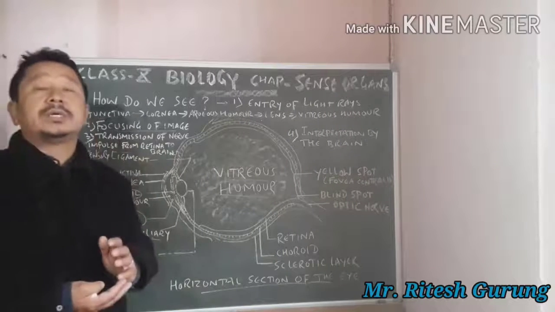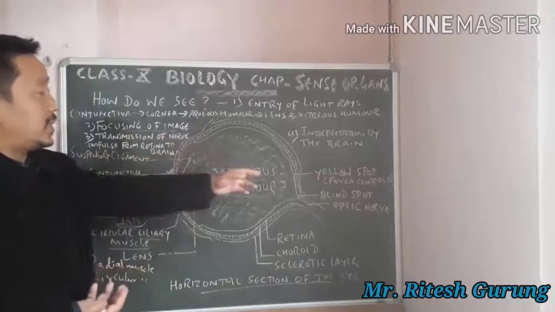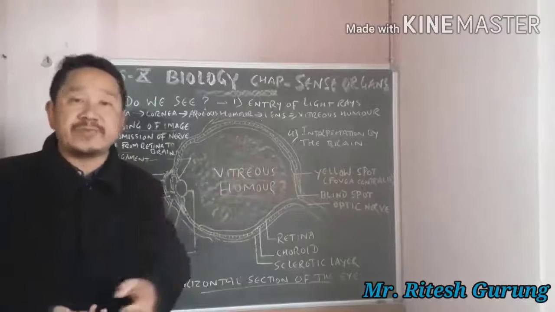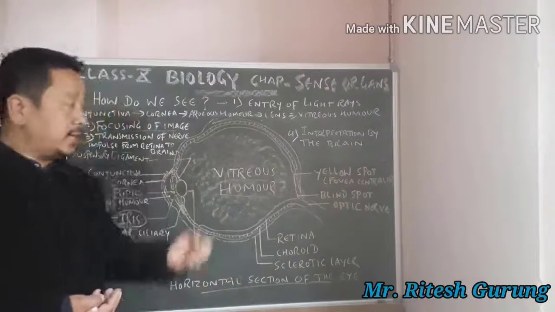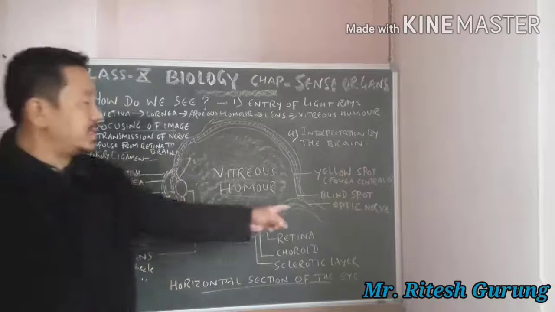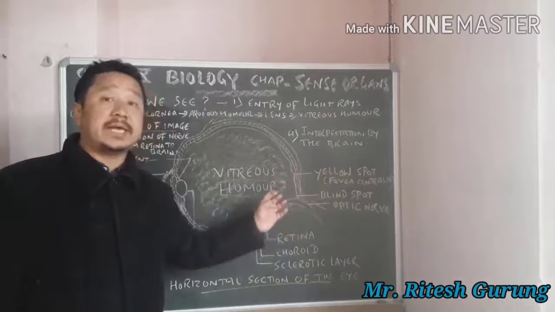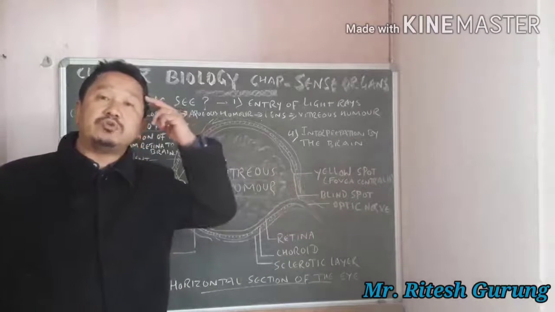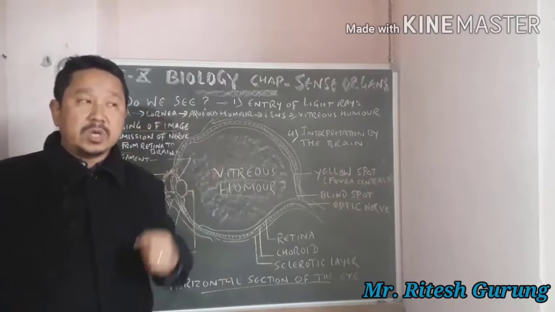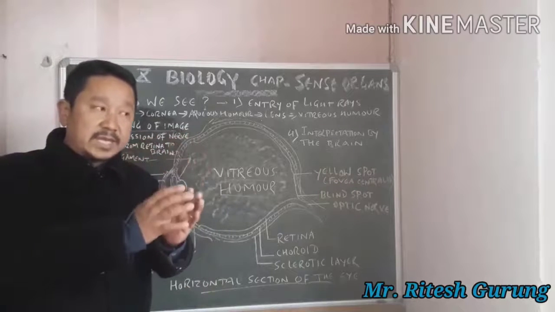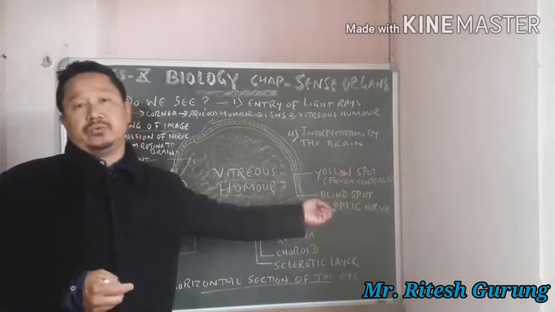Those sensory cells convert the image formed here into nerve impulse, and that nerve impulse is taken to the optic nerve. The optic nerve will take that nerve impulse to the cerebrum of the brain. Which part of the cerebrum? The visual region of the cerebrum, where the visual is formed.